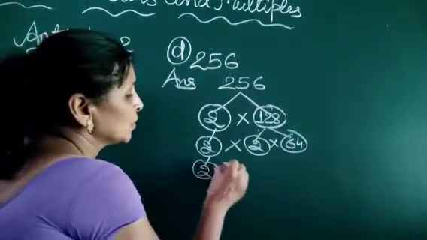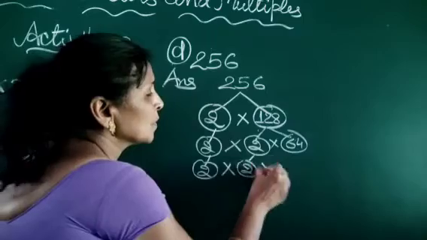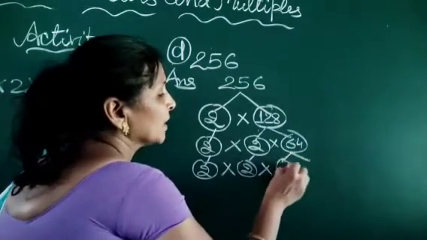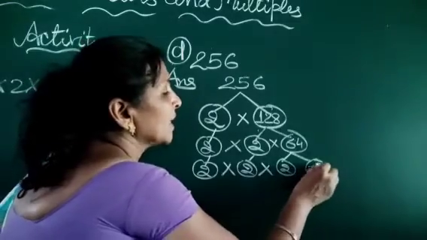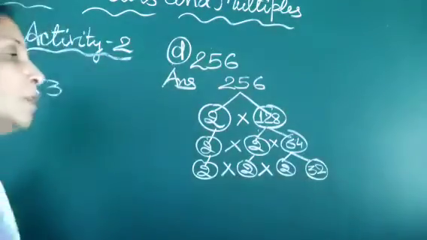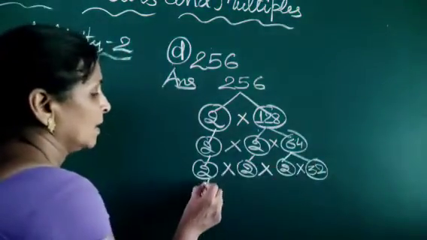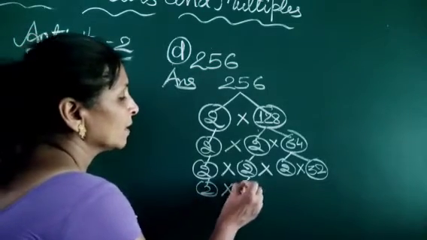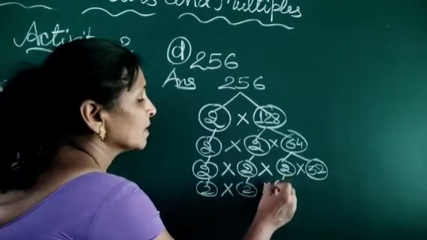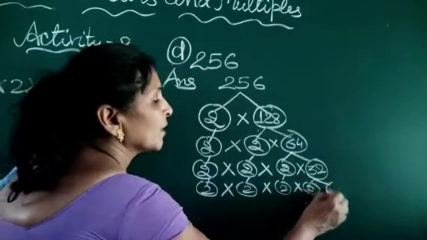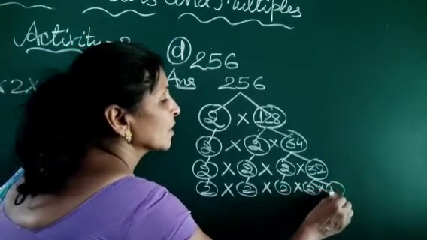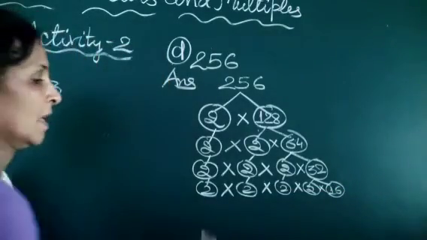Then we write 2 here, then this 2, again we write here 2, and 64 is divided by 2, then it comes 32. Then this 2, here is 2, this we write here, then 32 is divided by 2, then it comes 16.